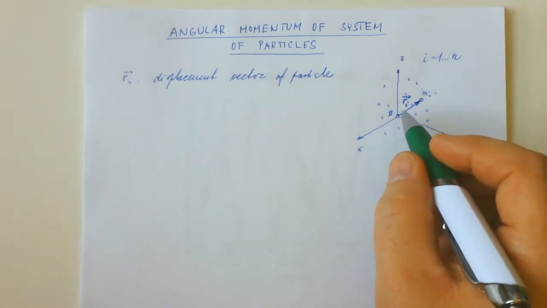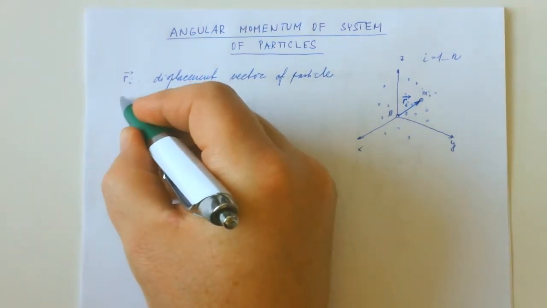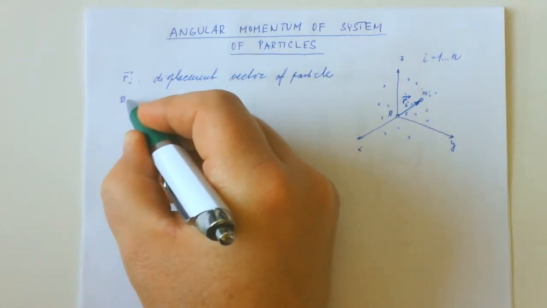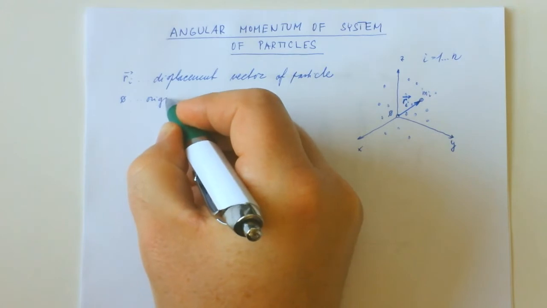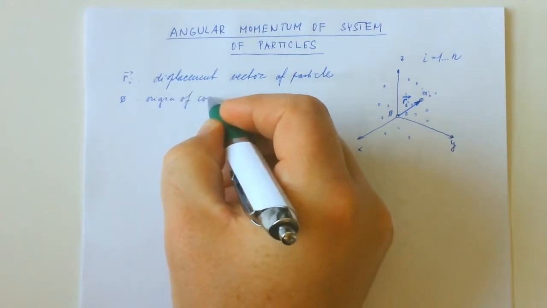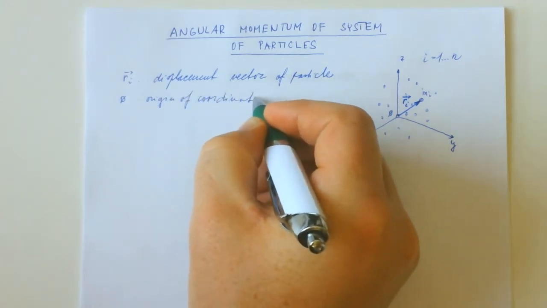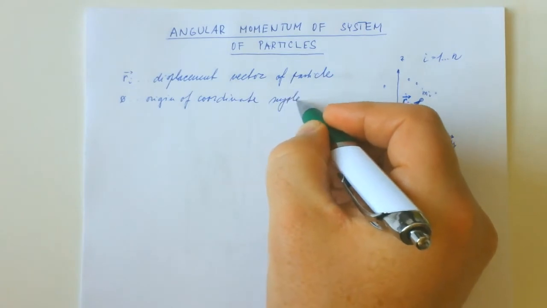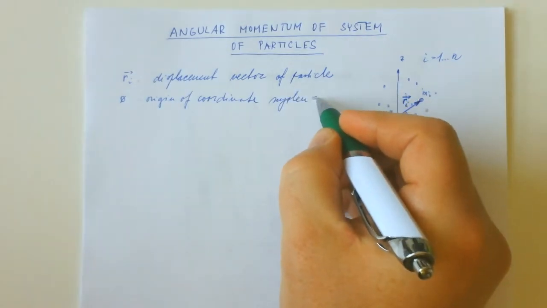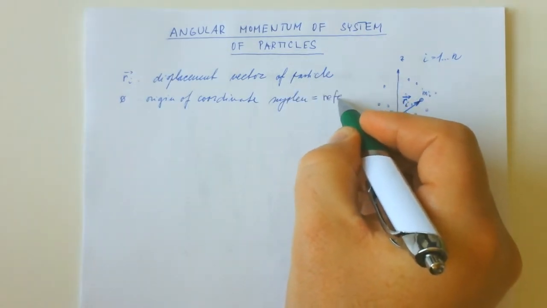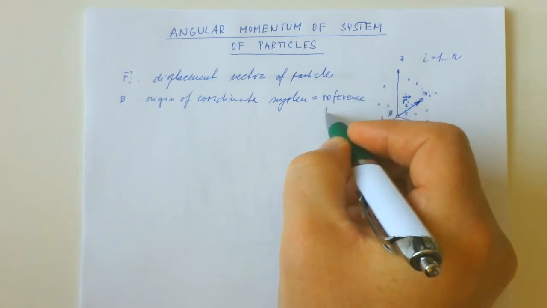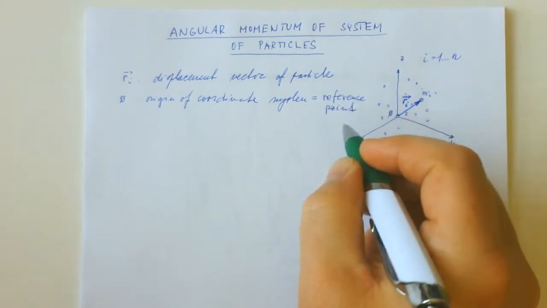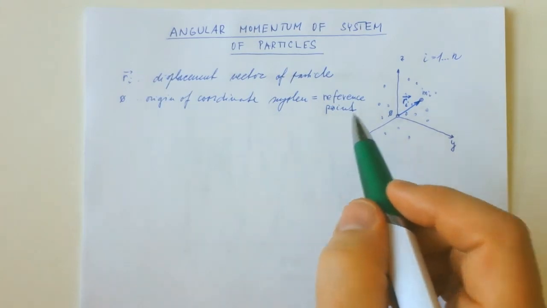So this is the origin of the coordinate system, the so-called reference point or point of reference.